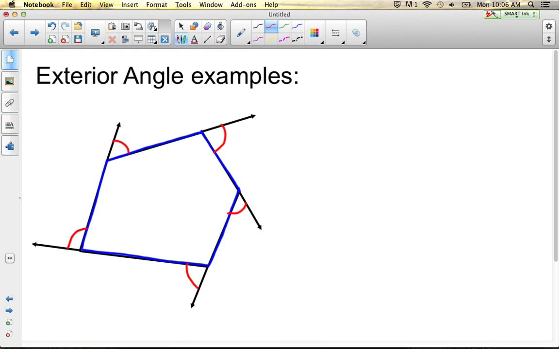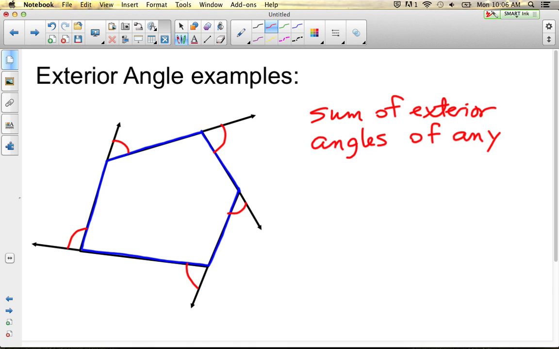Now here's something I probably should have told you earlier, but any polygon, doesn't matter if it's 5-sided, 6-sided, 7-sided, 12-sided, any polygon, the sum of its exterior angles is 360 degrees.